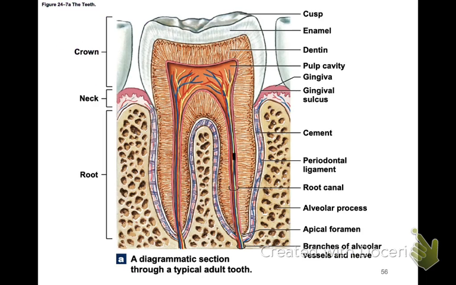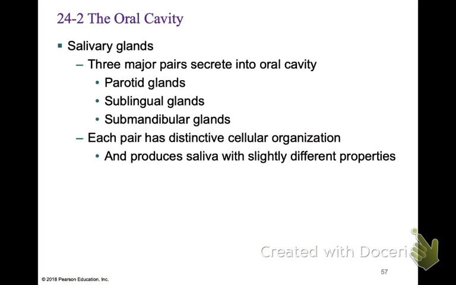So looking at the diagram, you can see that enamel covers the crown. Dentin and pulp cavity go all the way from crown to root, but the covering within the root isn't enamel, it's cement. And that cement attaches to the periodontal ligament, which holds the tooth in place.